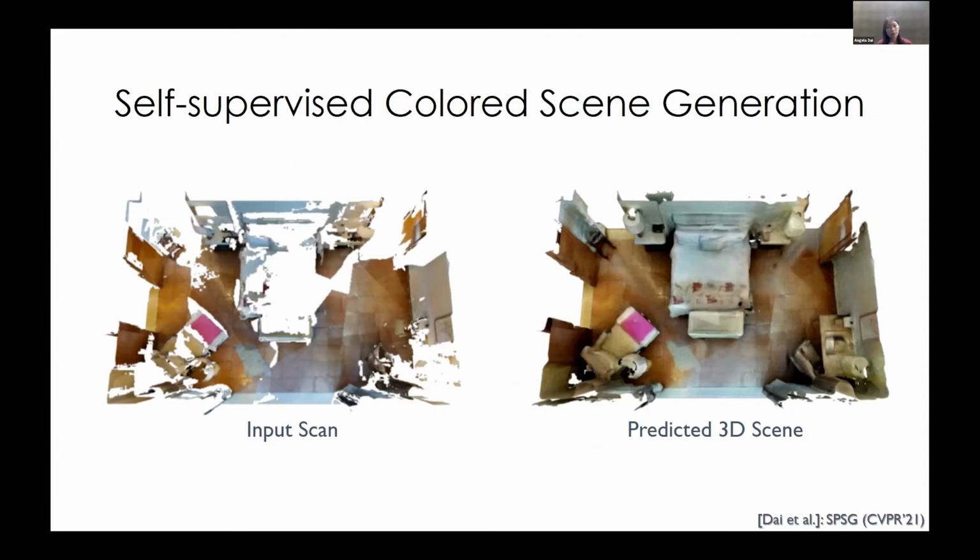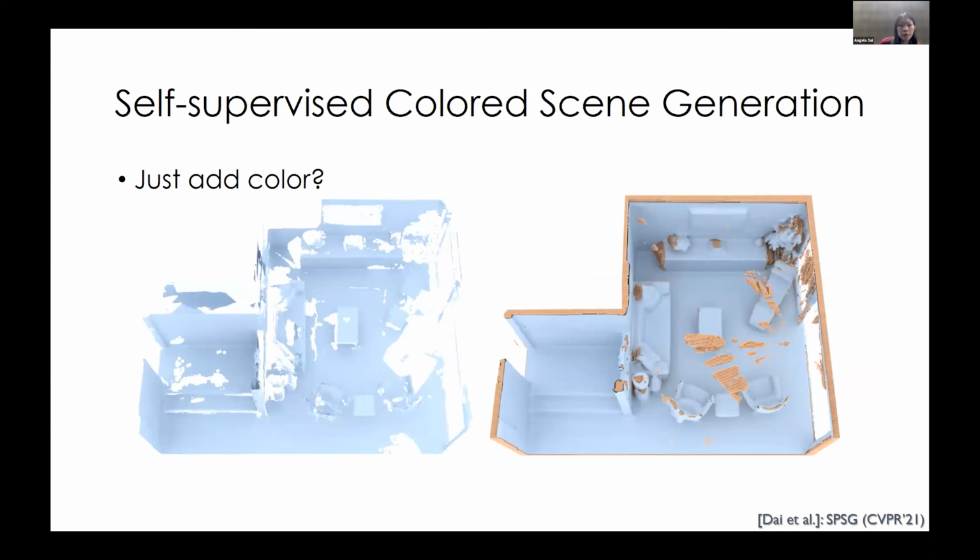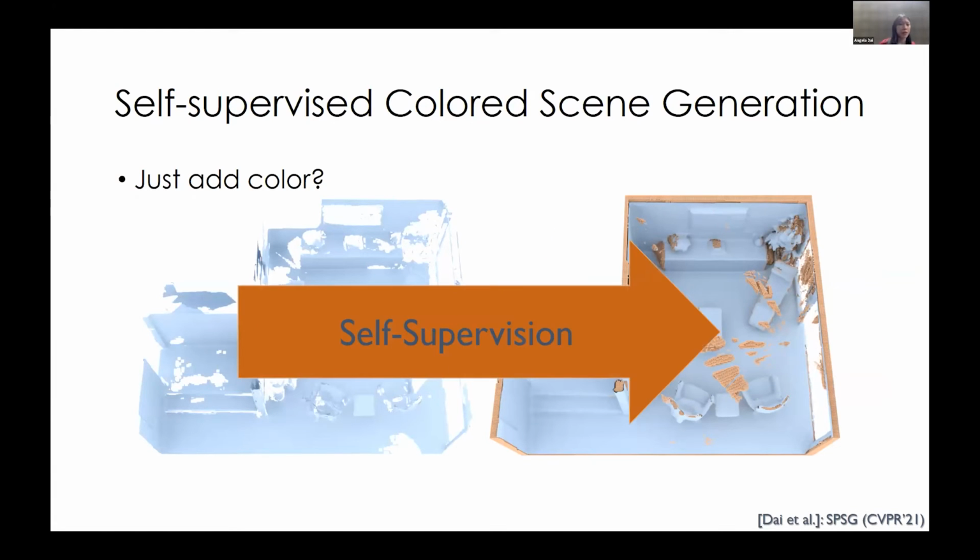So in fact, we want to go from some kind of incomplete observation and predict the complete geometry as well as color in that environment. So of course we can go back to this formulation and add in a color channel as output, but this doesn't work particularly well.